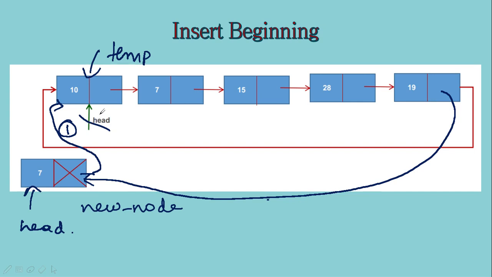If I move the head before that, suppose I say head equal to new node, then I will be in an infinite loop, because none of the nodes in the circular linked list has the address of the new node, isn't it?